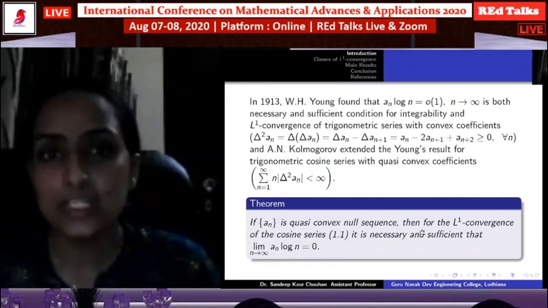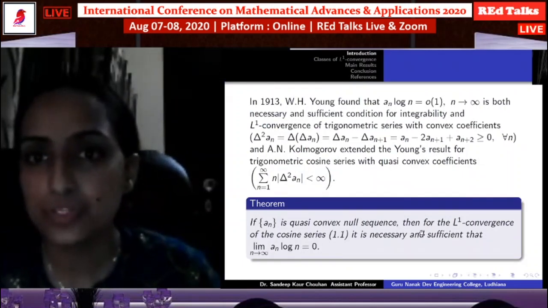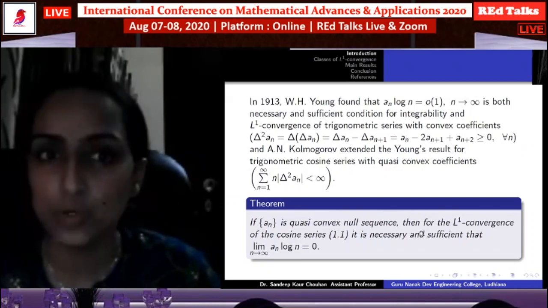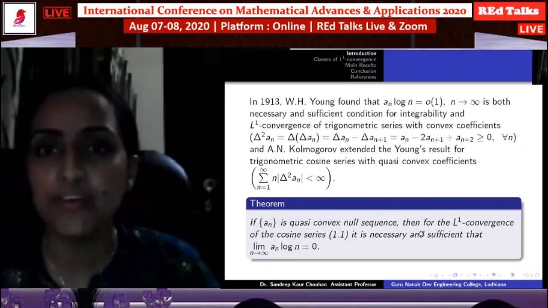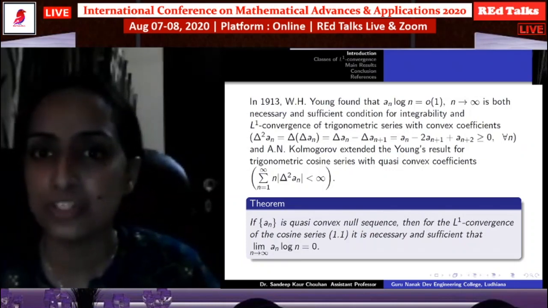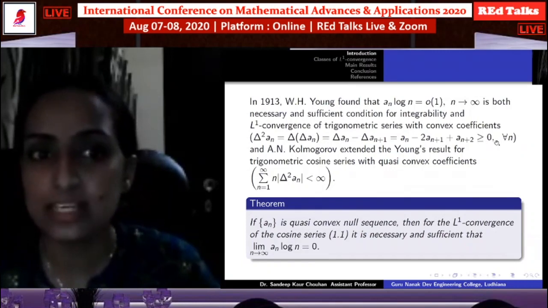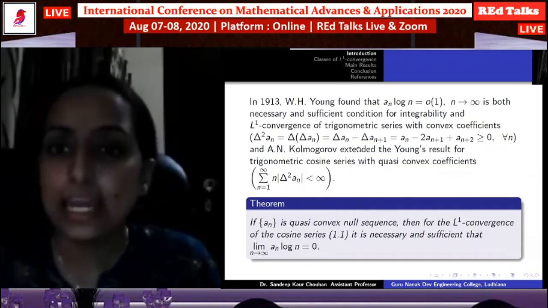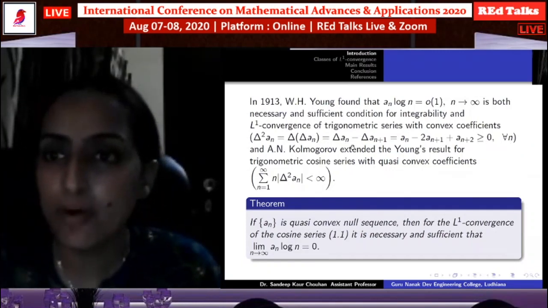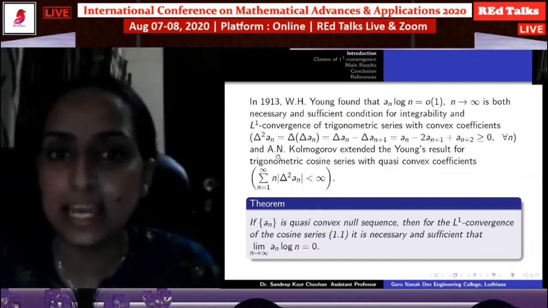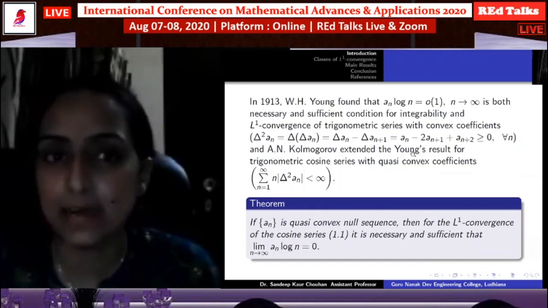In 1913, Young found that an log n goes to 0 as n approaches infinity is both necessary and sufficient condition for integrability and L1 convergence of trigonometric series with convex coefficient. A sequence an is said to be convex sequence if delta square an is greater than or equal to 0 for all n, where delta an is an minus an plus 1.